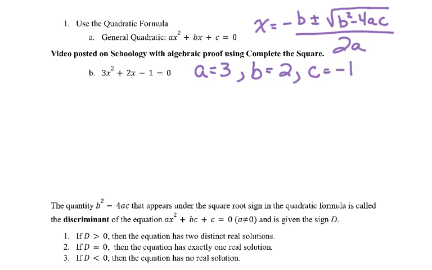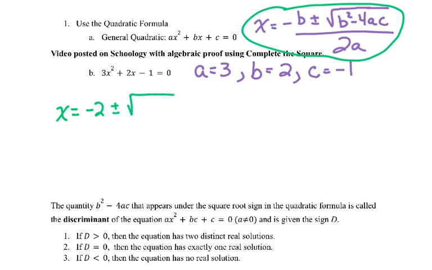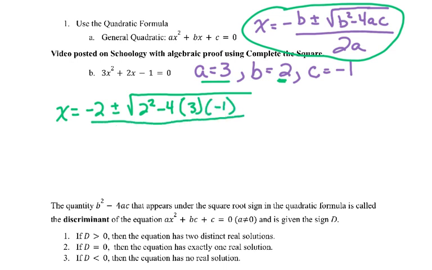Now you're just plugging in those numbers straight into that formula. x is equal to negative b, which is negative 2, plus or minus the square root of b squared minus 4 times, it helps me to put parentheses around everything, a, which is 3, and c, which is negative 1, and that's all over 2 times a, which is 3.